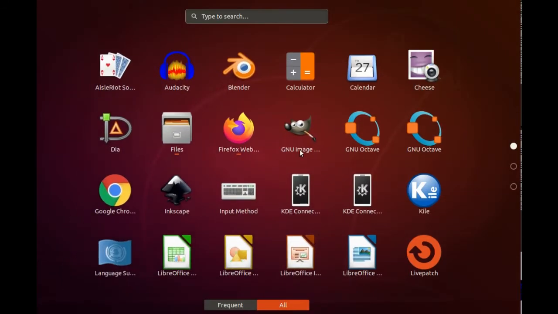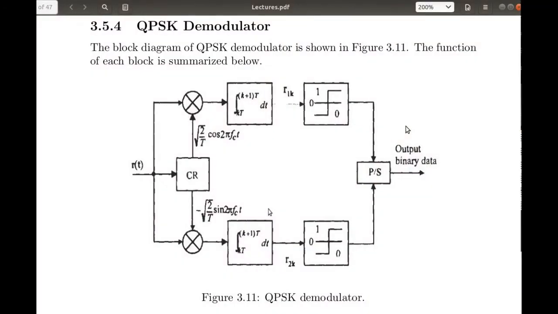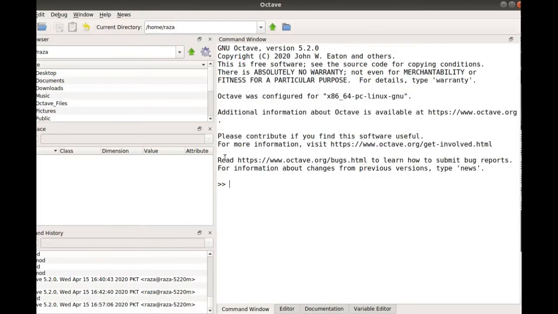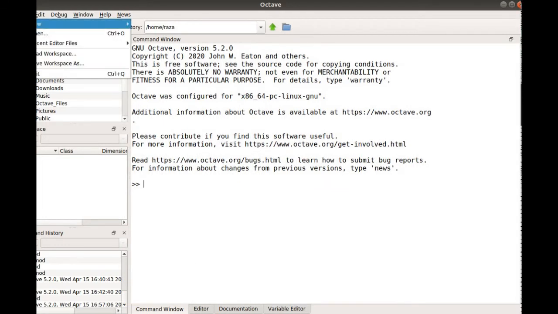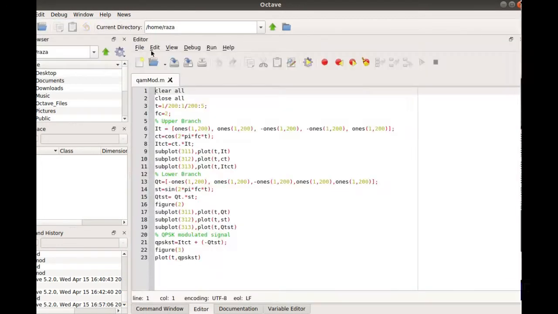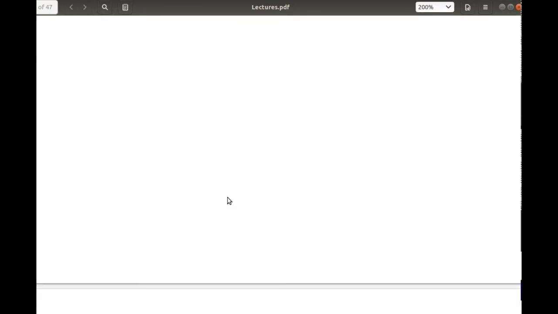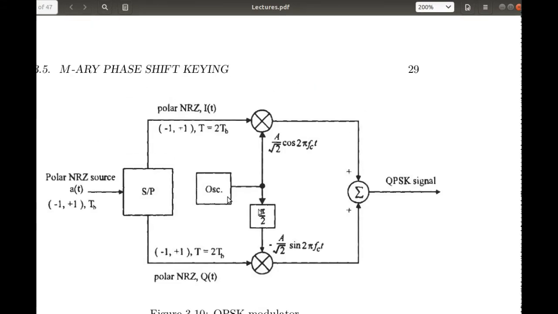So I'll go to my file, the QPSK modulated signal, which we ran in the previous video, and we saw that we can generate our QPSK modulated signal in the end. Let me run it step by step and recall that simulation model first.